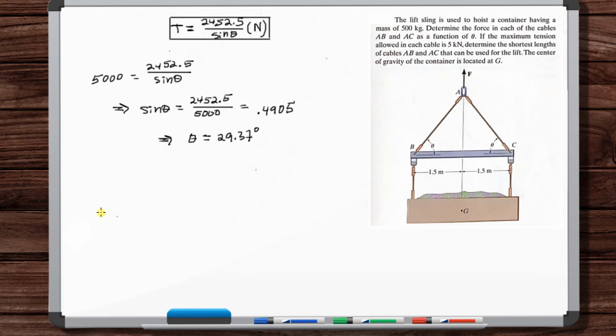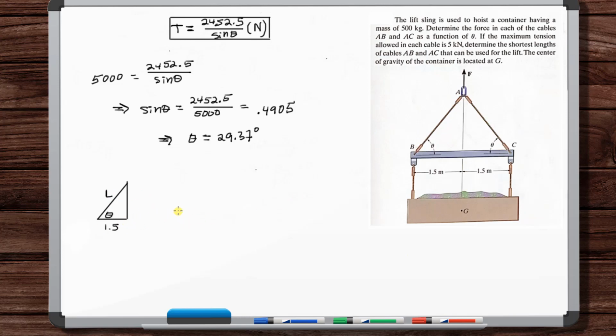So what we have is 1.5 and theta, and then I'm just going to put L, because I could put LAB, but LAB and LAC are the same thing. It's symmetric.